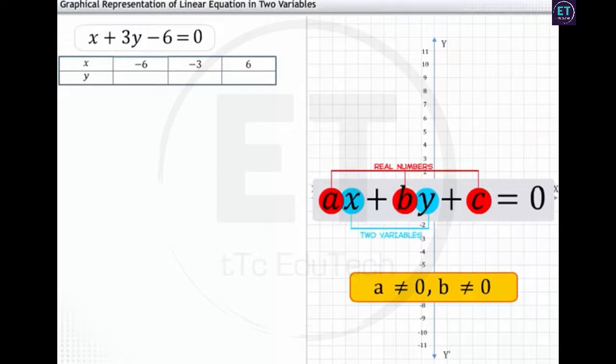We'll begin by substituting minus 6 as x in the equation and solve it. The value of y obtained is 4. Similarly, we can substitute the other values of x in the equation and obtain the corresponding values of y.